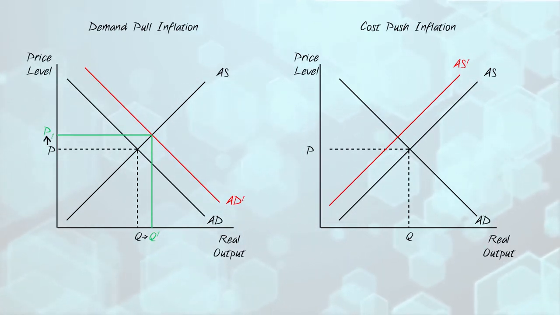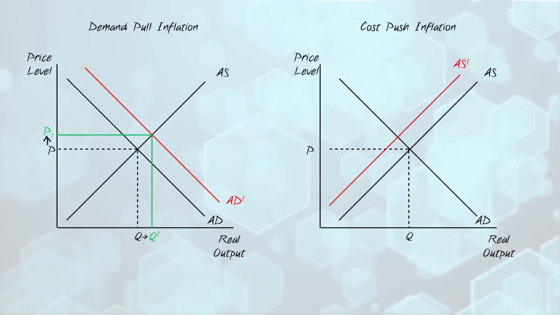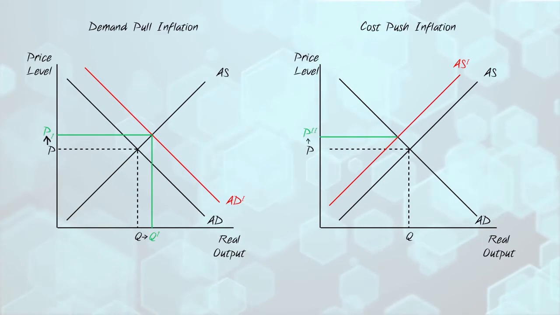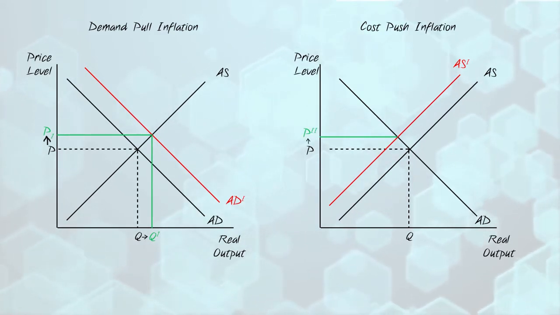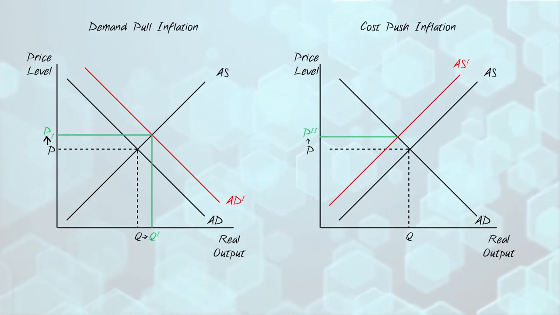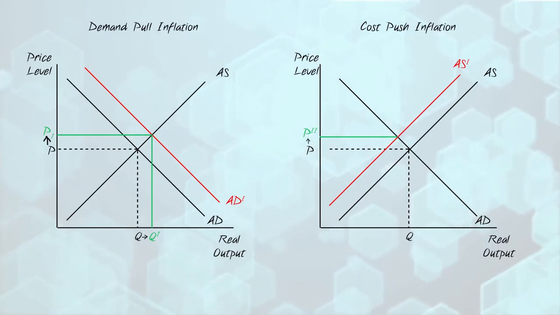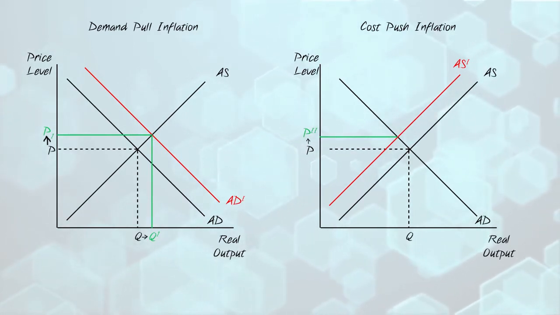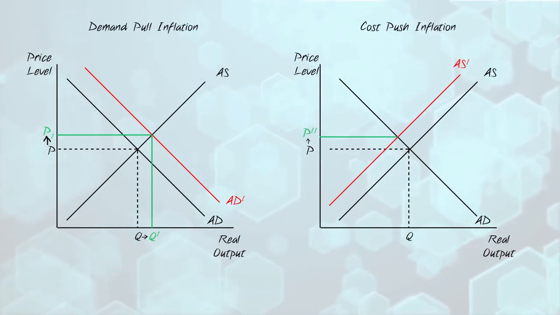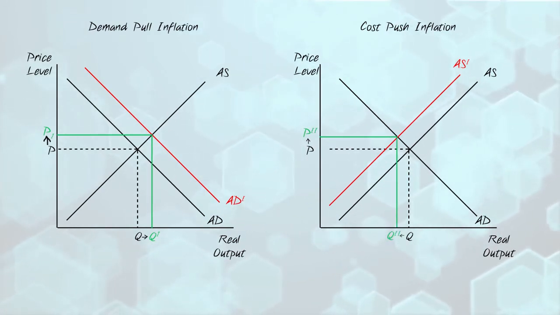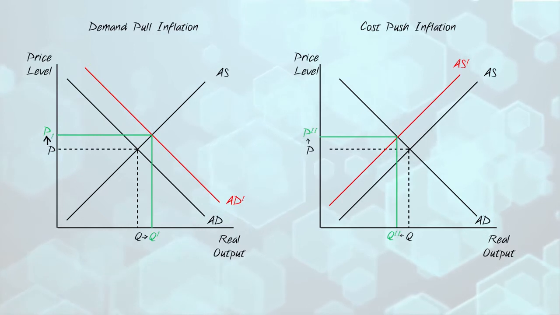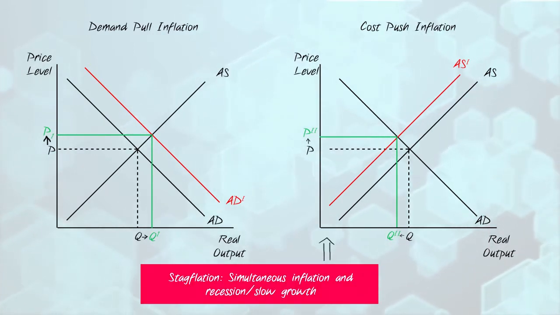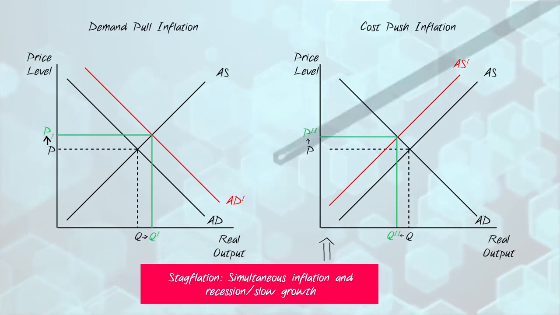You can see in this case that the negative supply-side shock causes the price level to increase from P to P double prime. However, in addition to this inflation, we get a recessionary shock as well as real GDP downshifts from Q to Q double prime. This is the classic case of stagflation: simultaneous inflation and slow growth or recession.